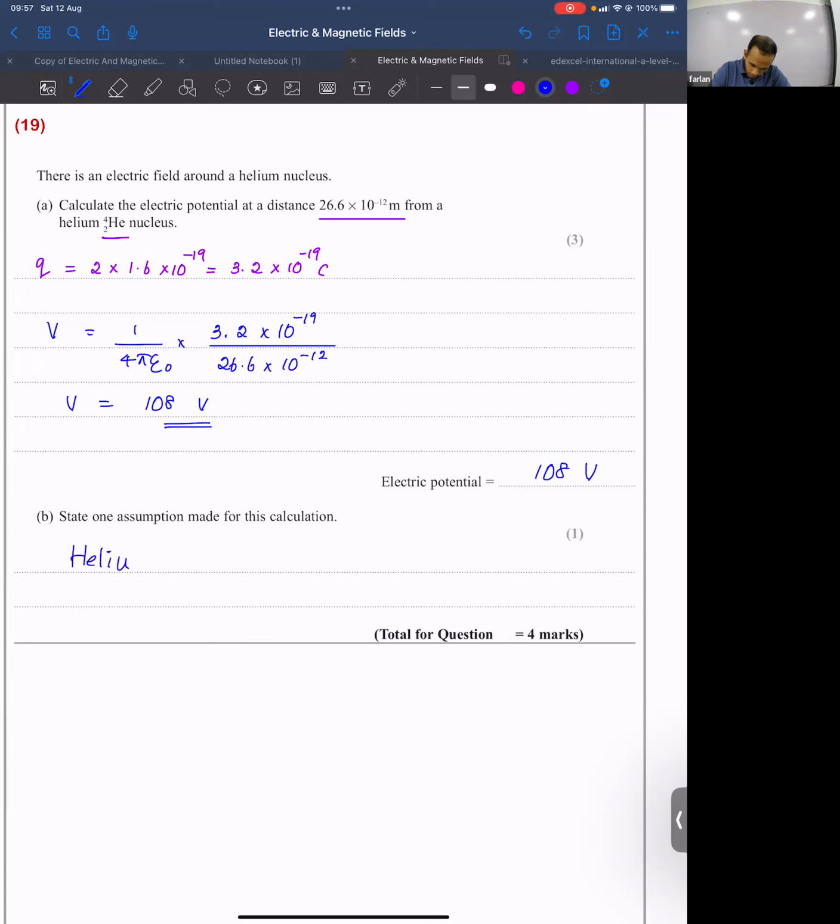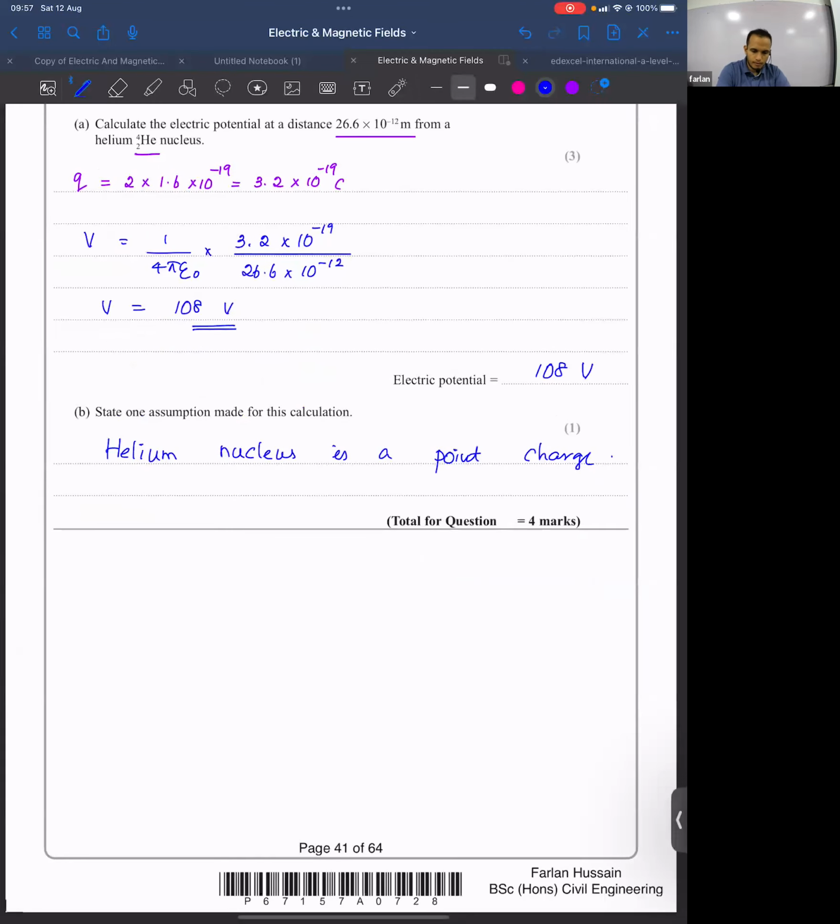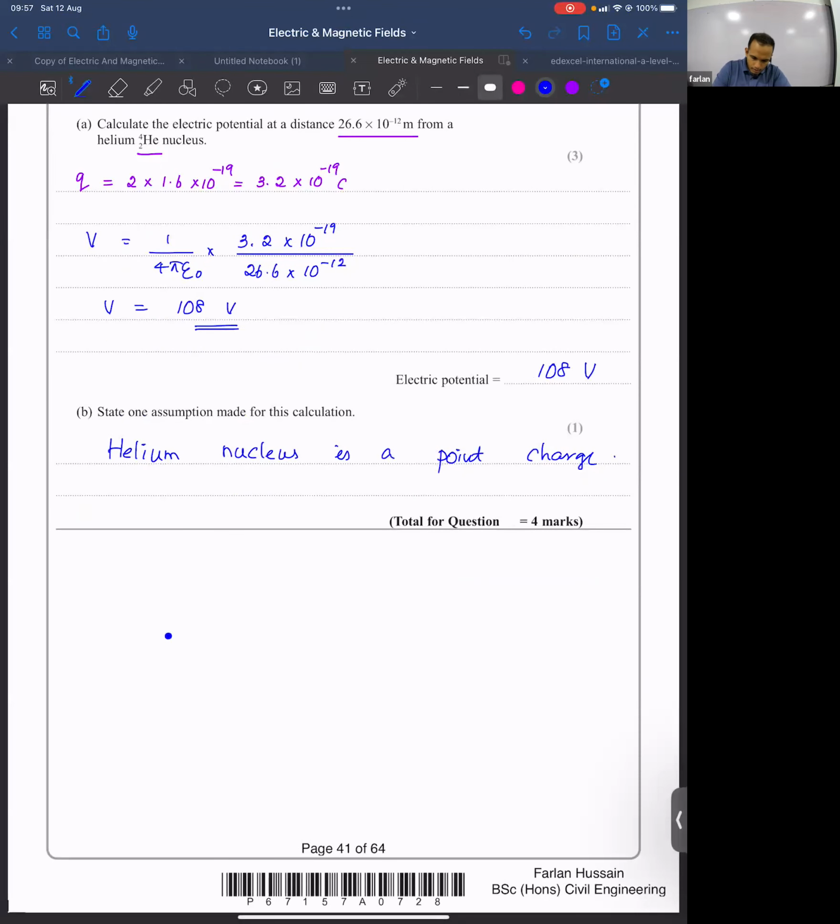So what do you mean by point charge? Helium nucleus is a point charge. So this is a point, this is not a point. Correct?